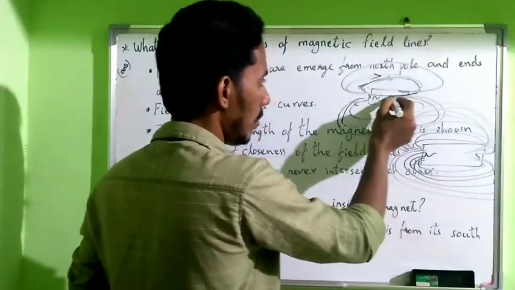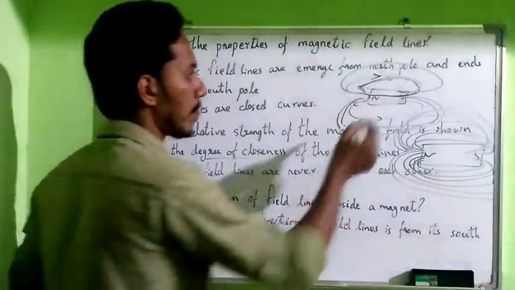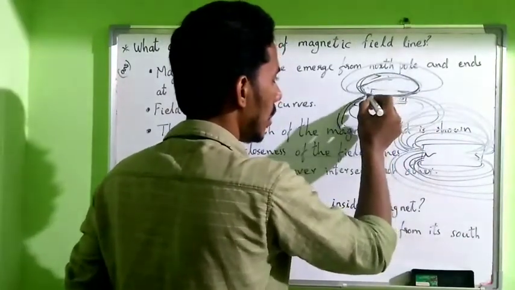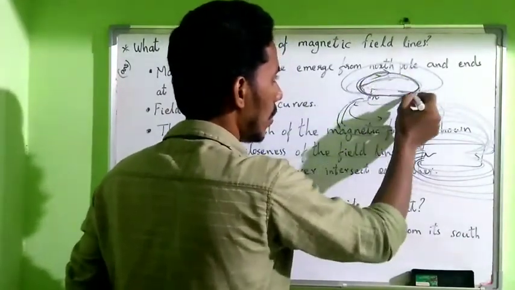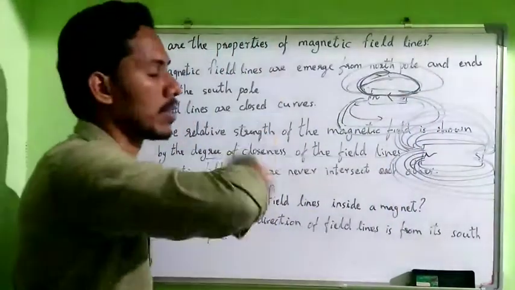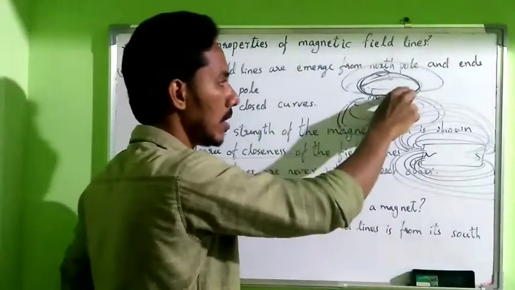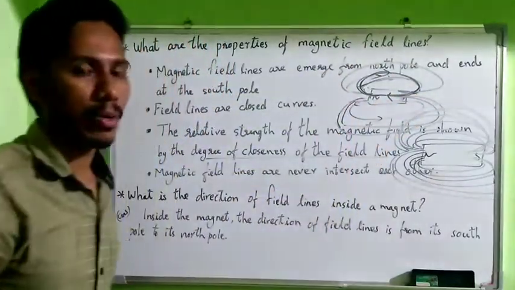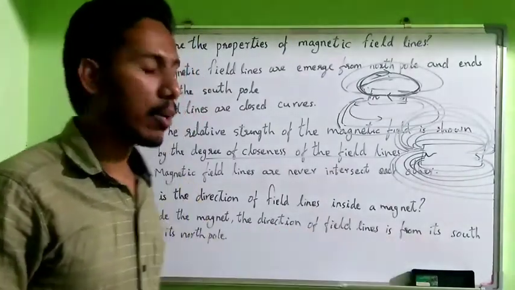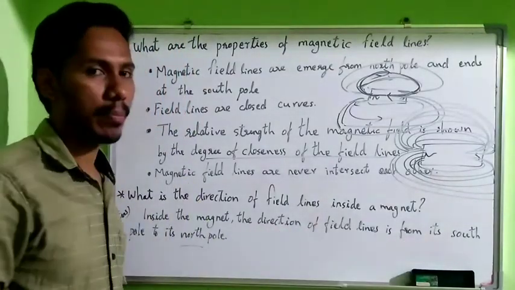But inside the magnet it is a closed curve. So outside, north to south, inside, south to north. Inside the magnet, the direction of the field lines is from south to north pole.